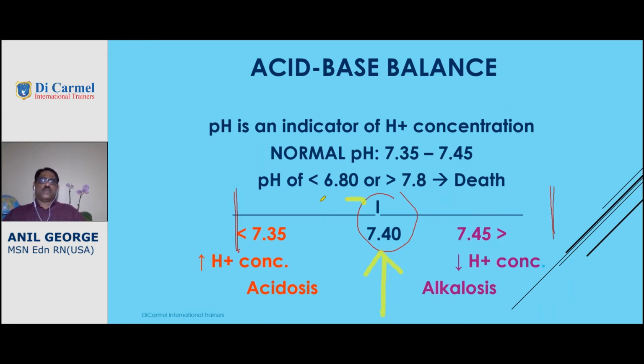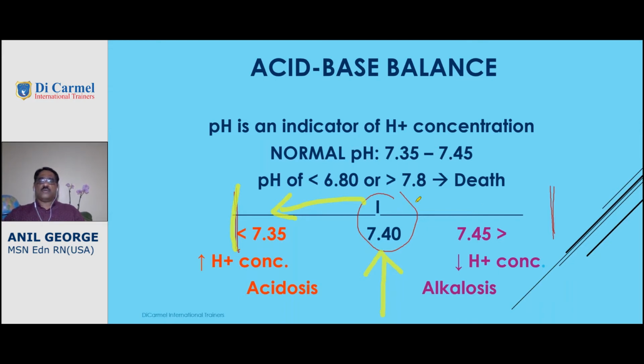So when it goes lower, 7.38, 7.37, and so on, going towards 7.35, it is leaning towards the acidic side. Even though it is within normal, until it crosses 7.35, it is still on the acidotic side. And we're going to see the significance as we move forward.